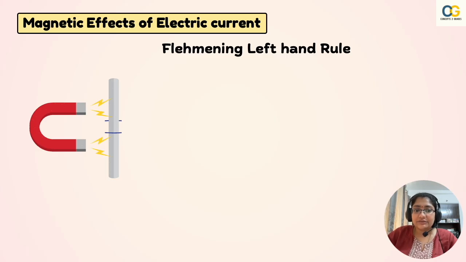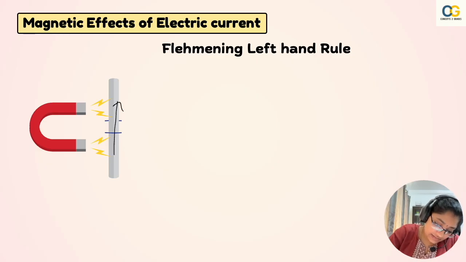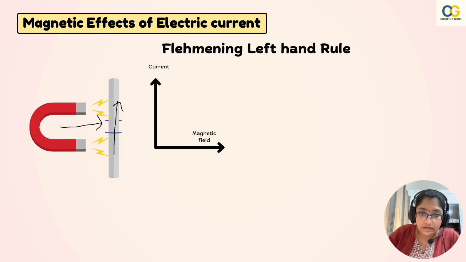So in the Fleming's left hand rule, what we understand is, if this is my current carrying conductor, let's say it's carrying current in this direction, and this is my magnetic field, then the force that comes is given by, you have to take your left hand here. So I have placed it such that this is similar. The current is going in the upward direction, the magnetic field is in this direction.